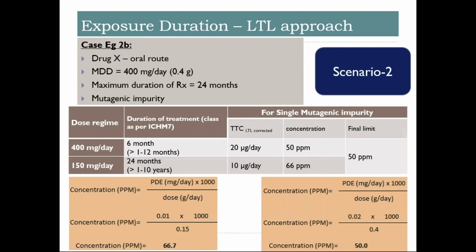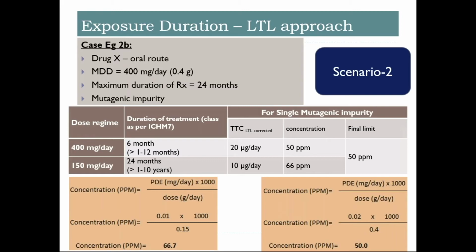The longer treatment duration, which is 24 months, is applicable only to the 150 mg per day dose, and for the 400 mg per day dose, it was only a 6-month treatment duration. So this gave 50 and 66 ppm levels.